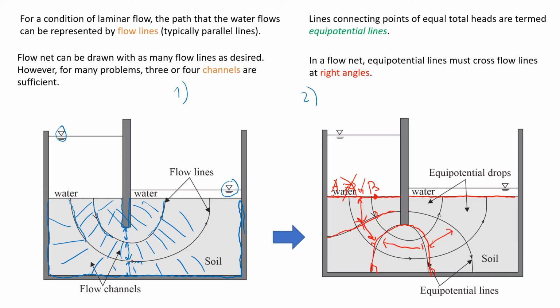Of course, sometimes we cannot get nice squares like in this case, but we'll try our best to do that. So this is what we call the equipotential lines and the flow lines. And these equipotential lines and flow lines create what we call drops. So this is a drop, this is a drop. All the squares defined by flow lines and equipotential lines are drops. These are the basic rules and principles that we need to follow when we draw a flow net.